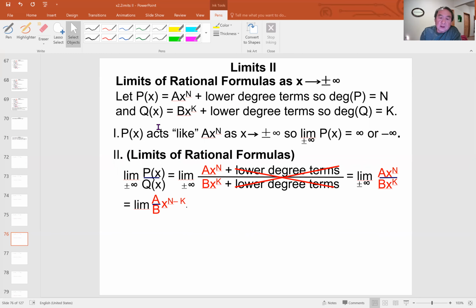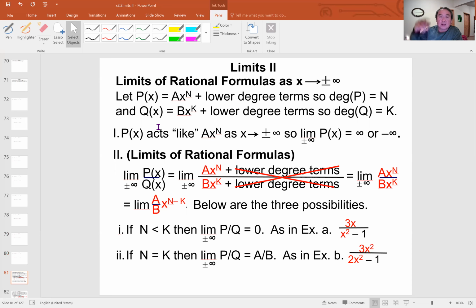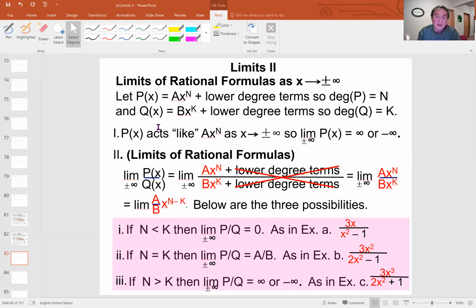The graph eliminates the lower degree terms, you clean up the fractions, and basically it looks like this monomial. We'll have 3 cases like the ones we did. The limit is 0, or the limit is the coefficient if they have the same degree. Same degree top and bottom, then it goes to the coefficient, 3/2. If the top has higher degree, then the thing blows up to infinity. So these are the basic 3 cases.